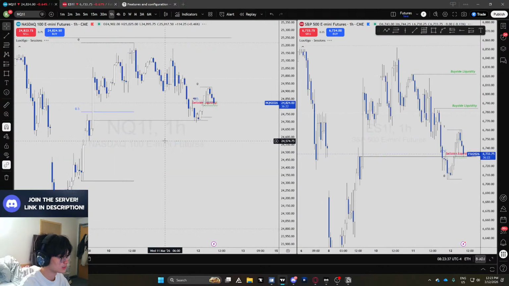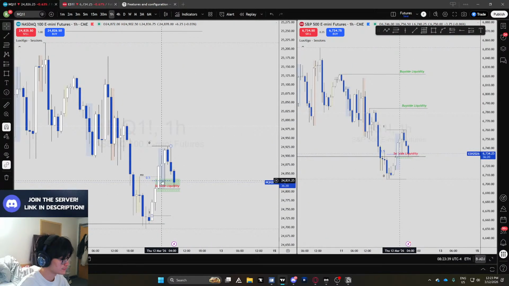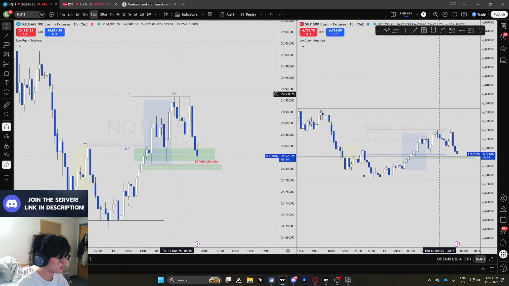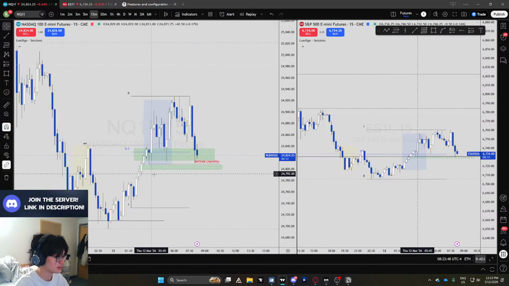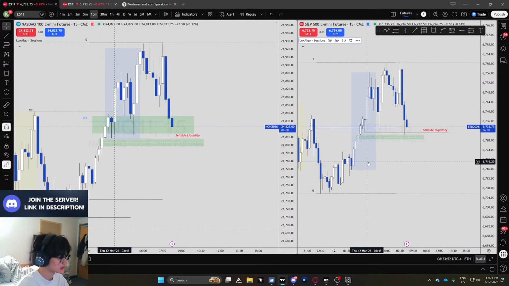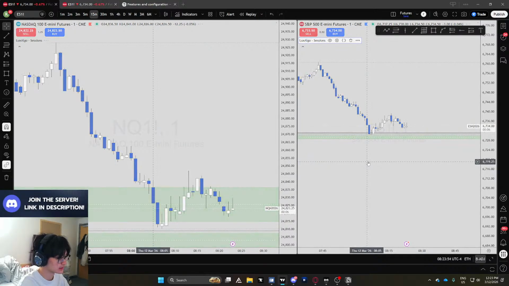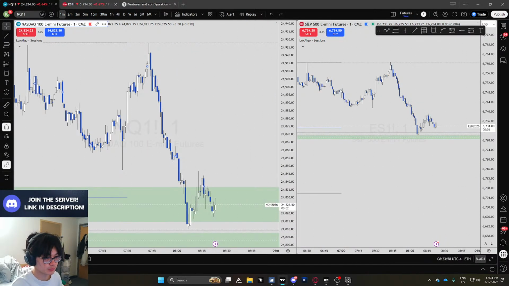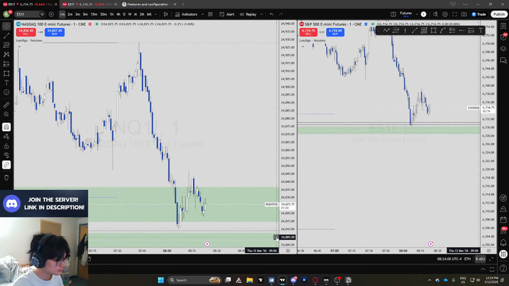Going to the hourly again, market structure shift, fair value gap there, relative equal highs here. 15-minute, relative equal highs, discount fair value gap, discount sell side. But we've already taken it on ES, so we don't necessarily have to take it on NQ. But since NQ is cleaner, I'd like to see that, honestly.